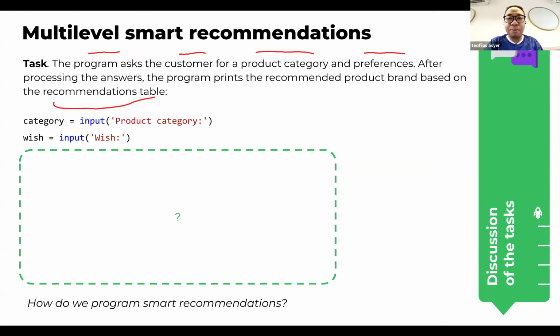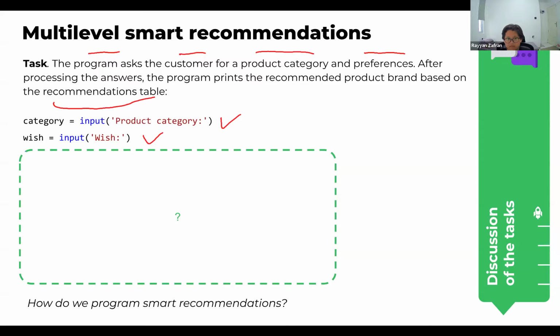Nah, jadi di sini pasti ada beberapa kategori dan preferensi, tergantung dari jawaban customer-nya. Dia mau produk apa dan mau preferensinya apa. Jadi kita harus siapin dua pertanyaan, yaitu kategori dan pertanyaan wish-nya pakai input. Sampai sini paham? Paham.